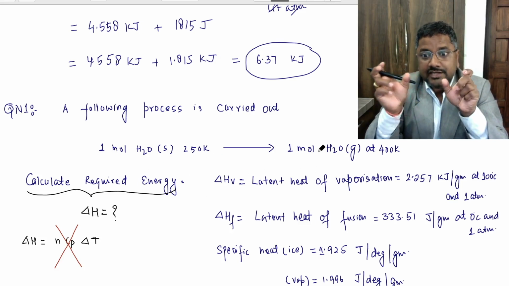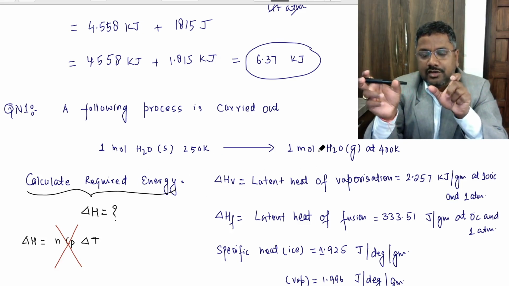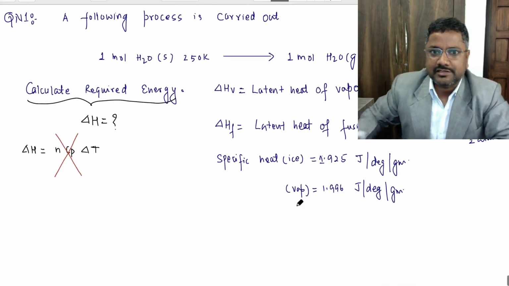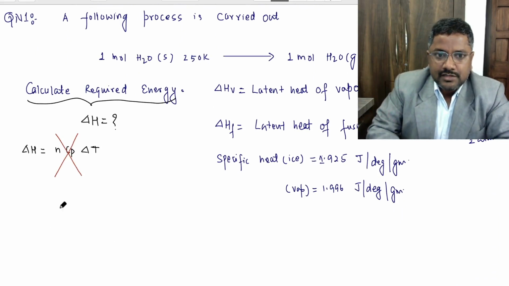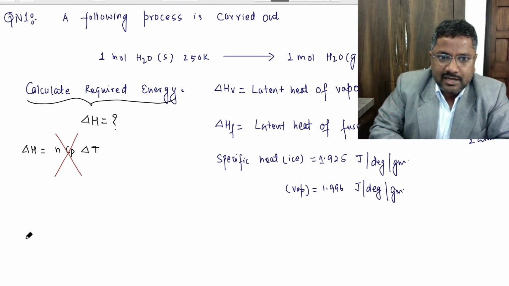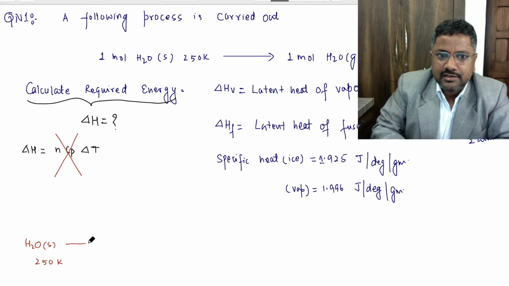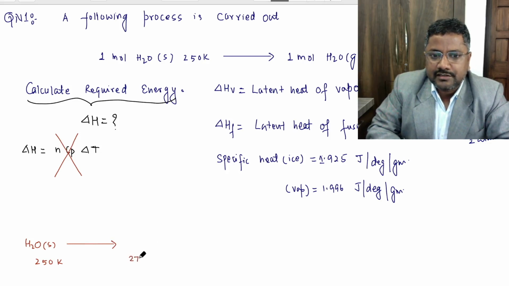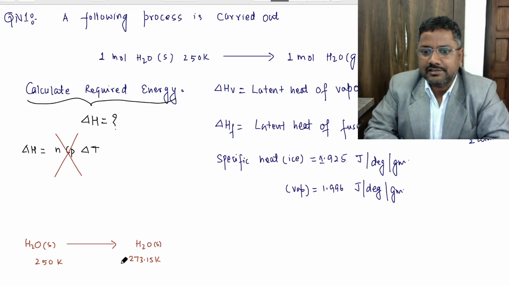And there is a phase change in between, solid to liquid. So from here to this, there are so many steps. First, if you have H2O solid at 250 Kelvin, when you put heat in, first this solid will increase its temperature up to 273.15 Kelvin, and this is still H2O solid. So this is one step.